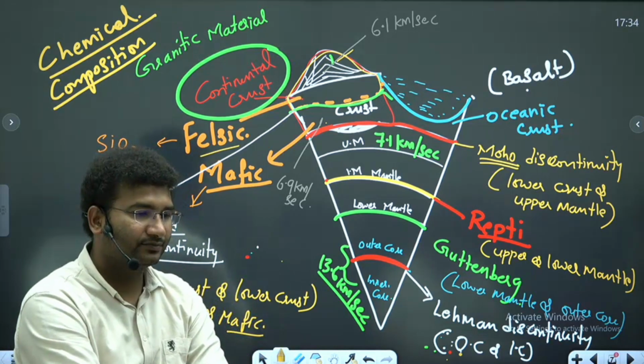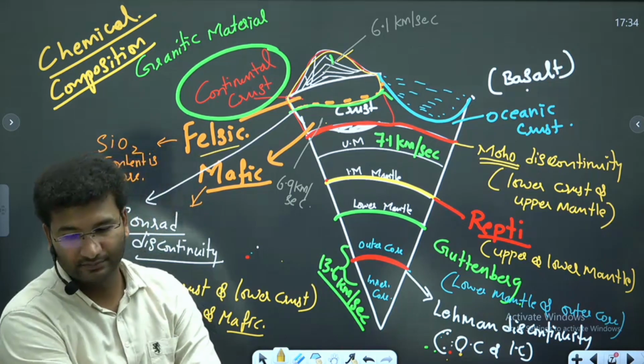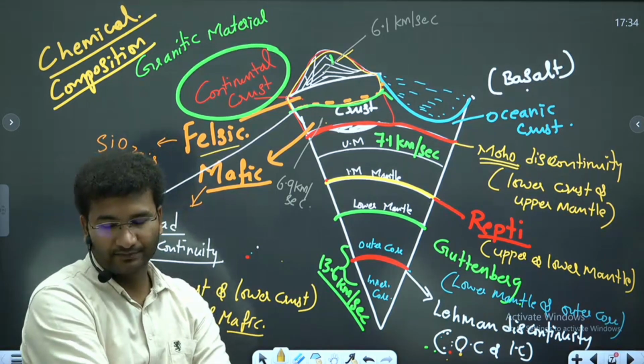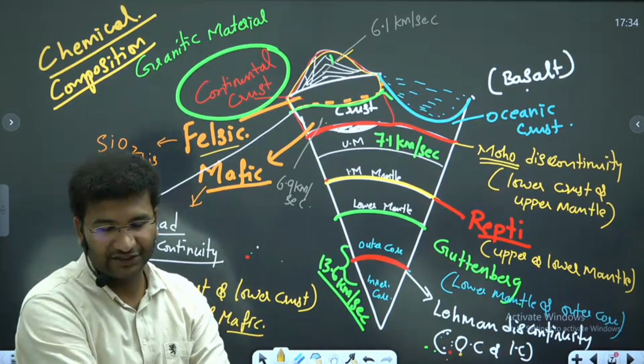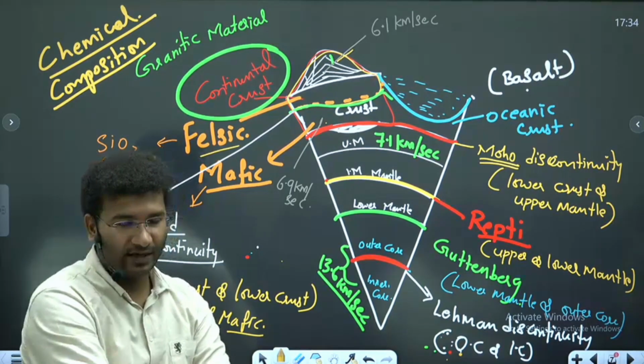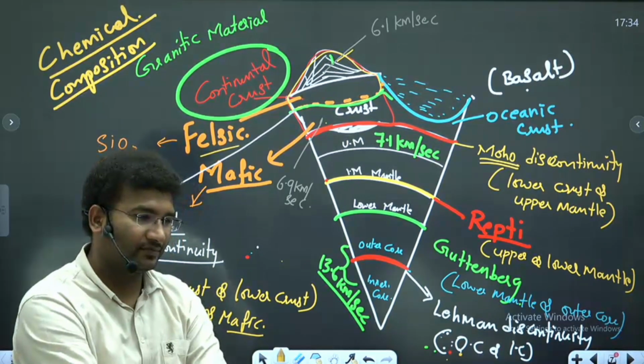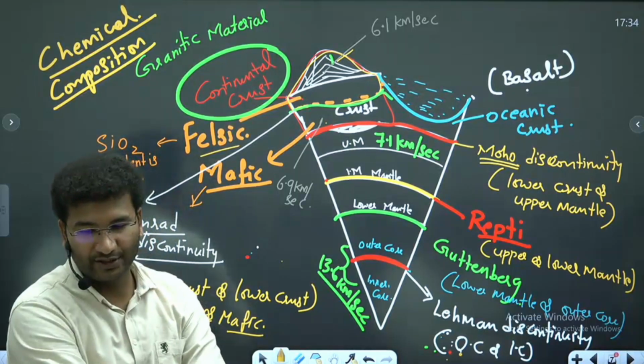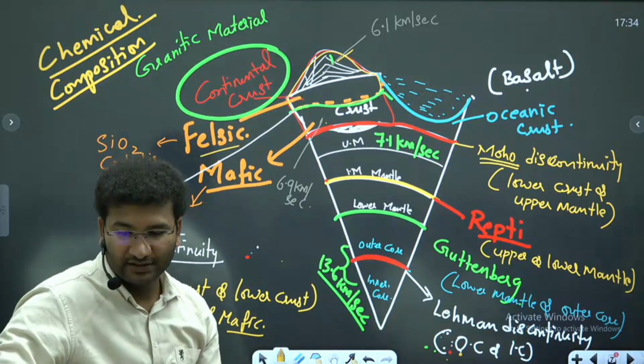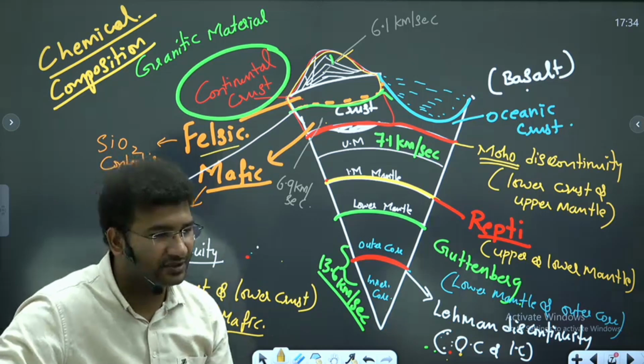Next, calcium, magnesium, sodium, potassium, and others. Calcium is 3.63%.